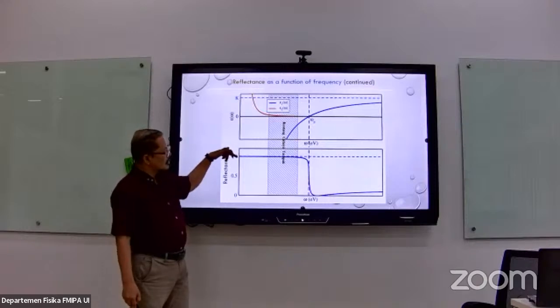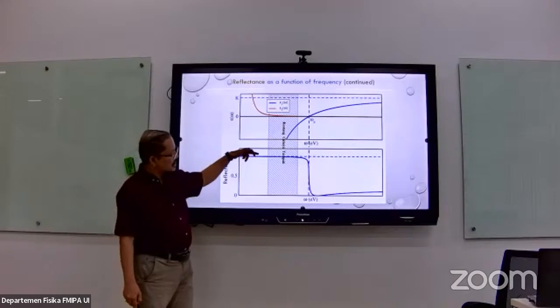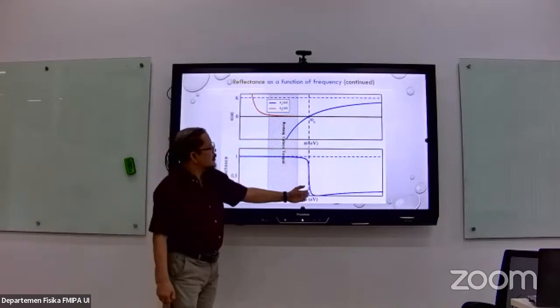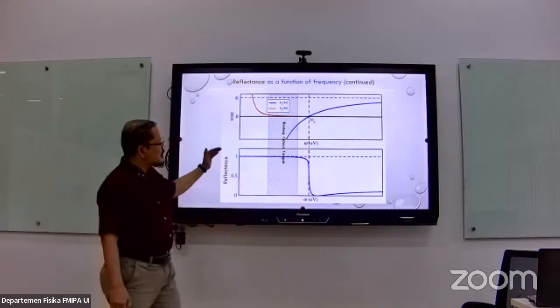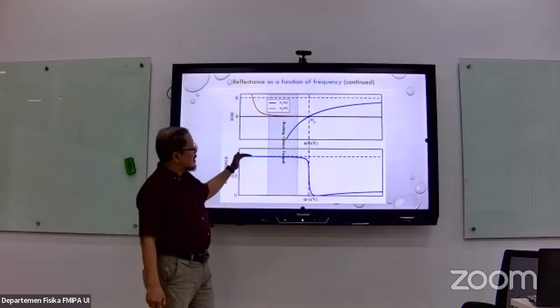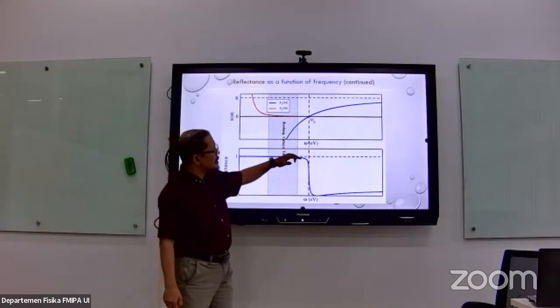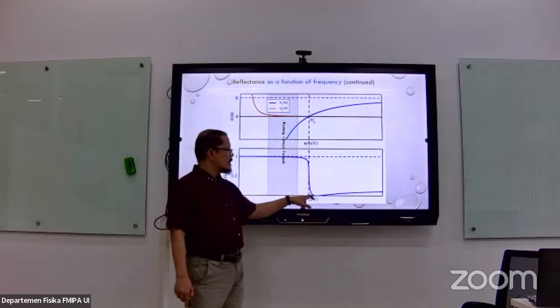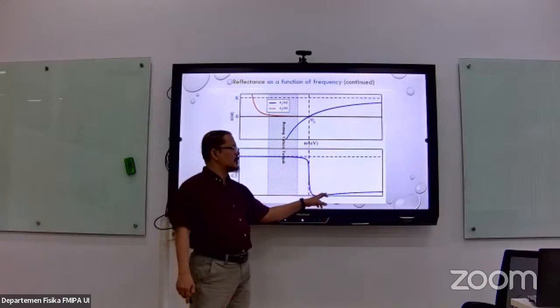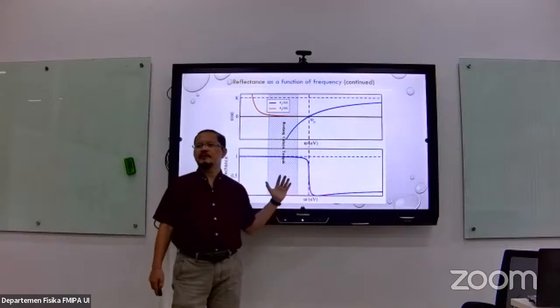As it goes up, approaching this border. What is this border? This border is the omega p. As it approaches the omega p, it decreases a little bit and suddenly jumps abruptly to 0 and then increases a little bit. So this is the behavior.